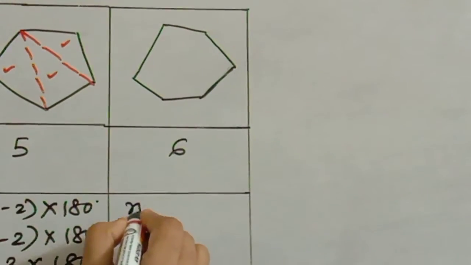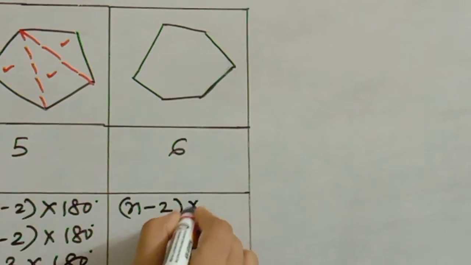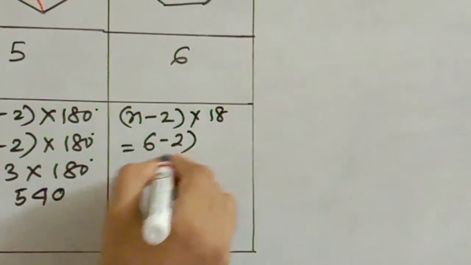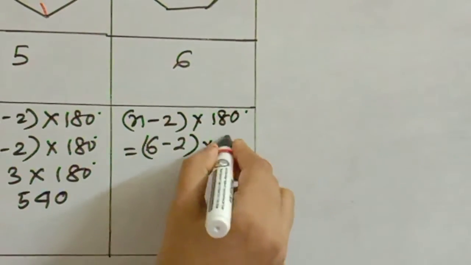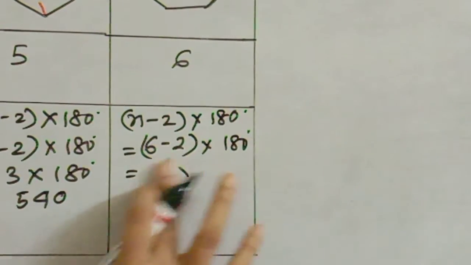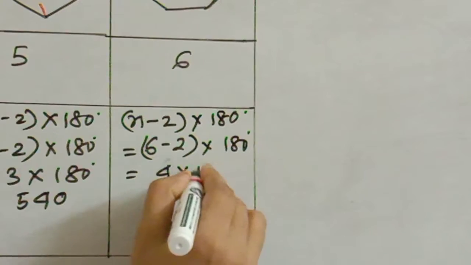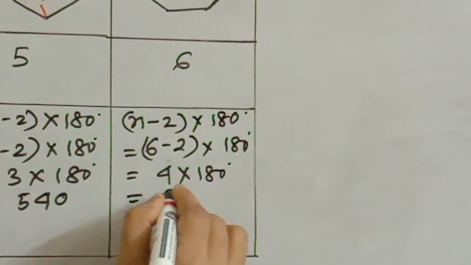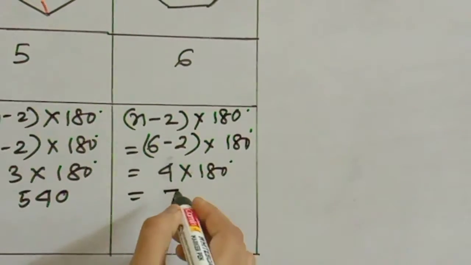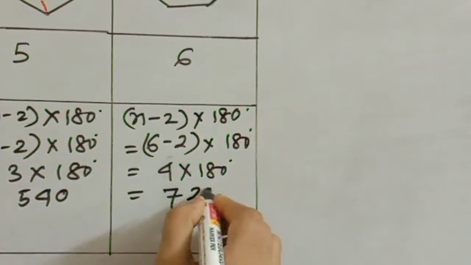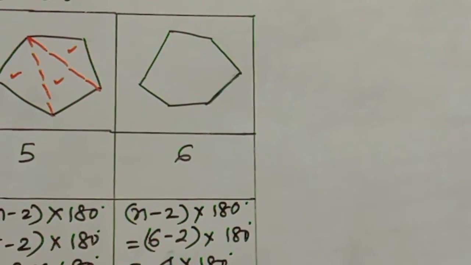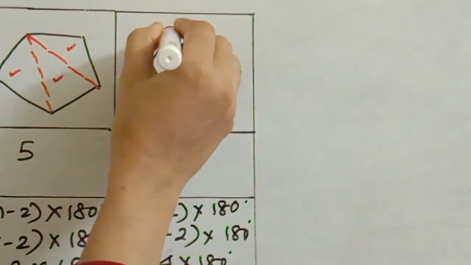So using this formula again, (n minus 2) into 180 degrees, equal to (6 minus 2) into 180 degrees, 4 into 180 degrees, 720 degrees.